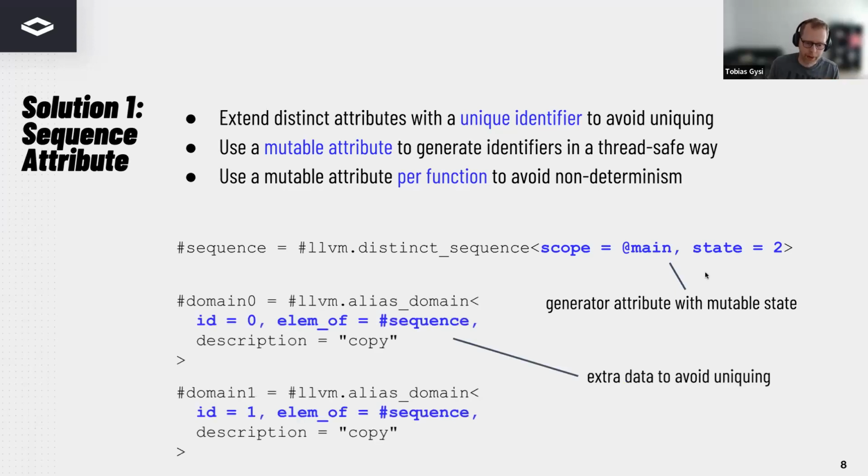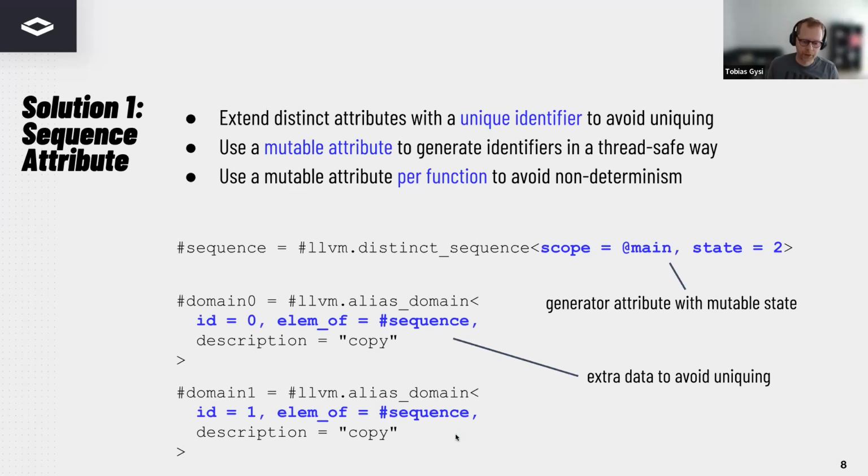And the attributes themselves would then have some extra members, which is a unique identifier. We would also reference the sequence that generated the identifier in the attribute.